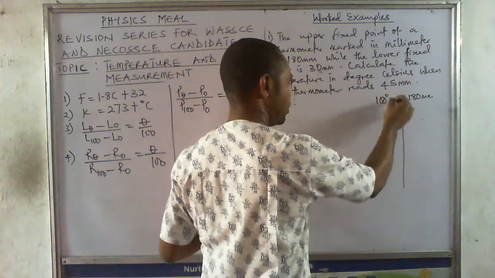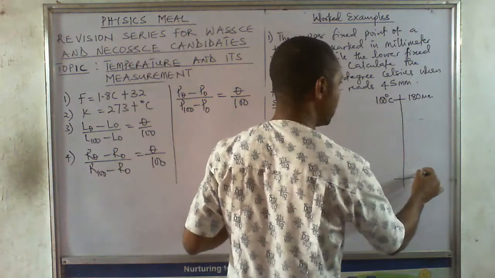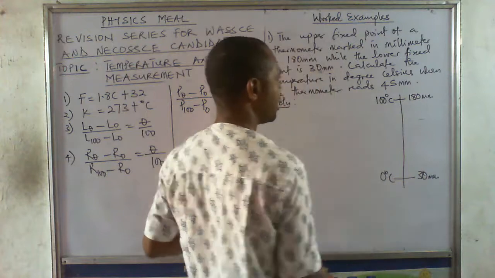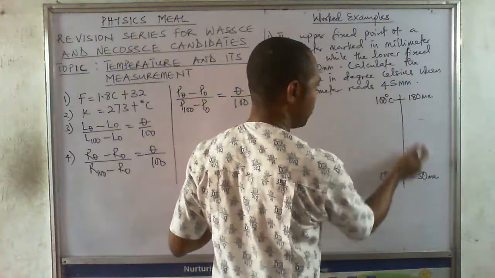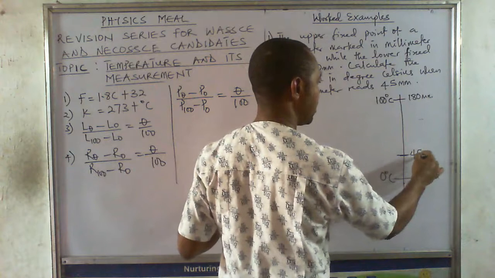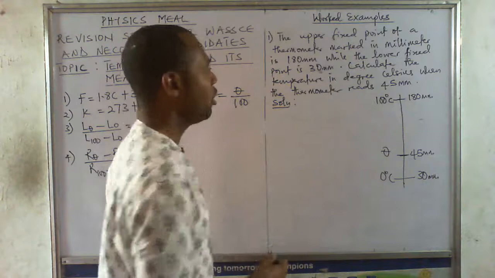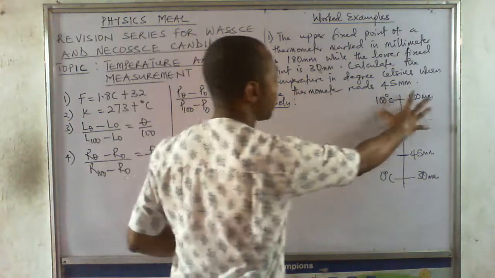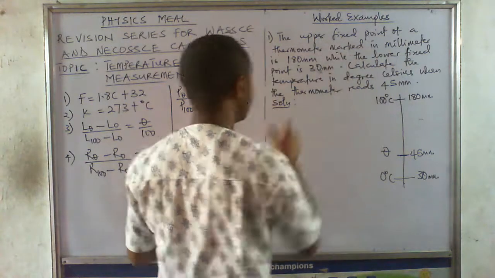Then they say that the lower fixed point is 30 millimeter. What corresponds to that is 0 degrees. They now say 45 will be somewhere in between here because we are moving up. So at 45 millimeter, what is the temperature? So all these they have a symbol. So let's take the question and bring out and set it up properly. The upper fixed point of a thermometer marked in millimeter is this.